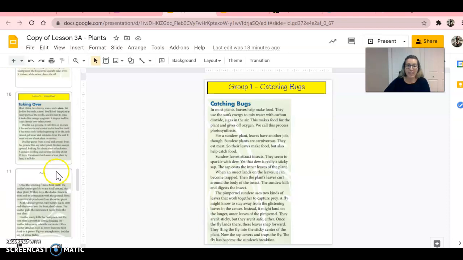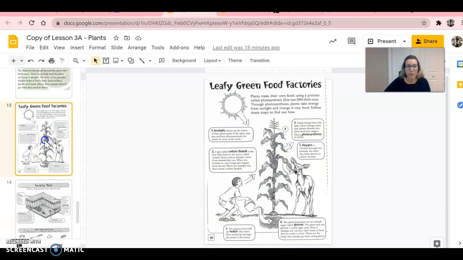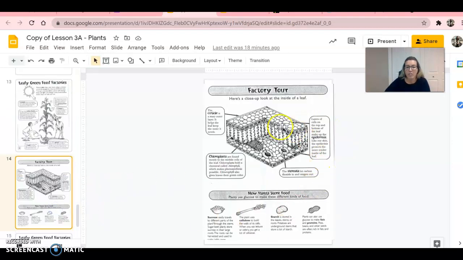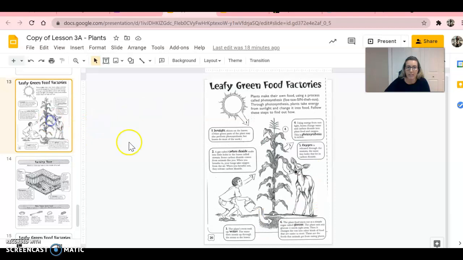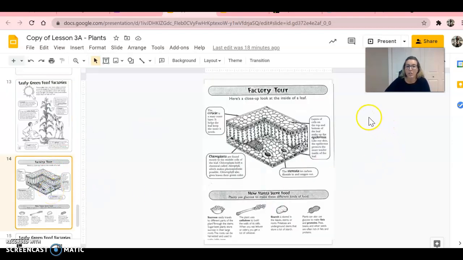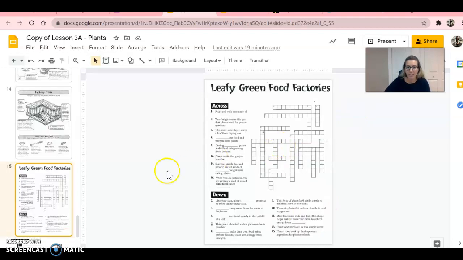After you have completed that, you are going to scroll down and read about some of the traits of photosynthesis and also the cells of a plant. In these little bubbles, you will see lots of information about different plant processes such as photosynthesis, and then you will learn about how they store food, different types of food, and different parts of plant cells.